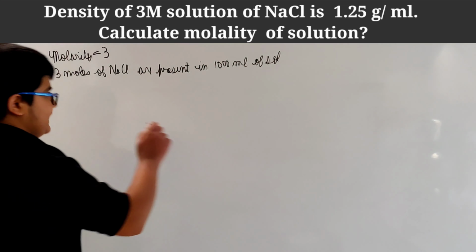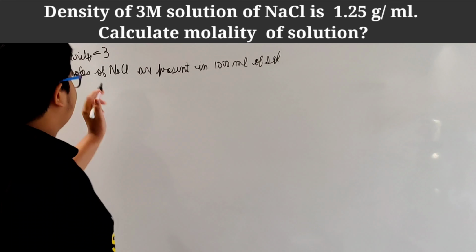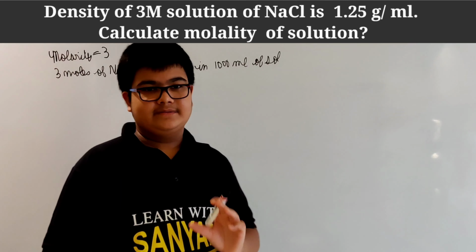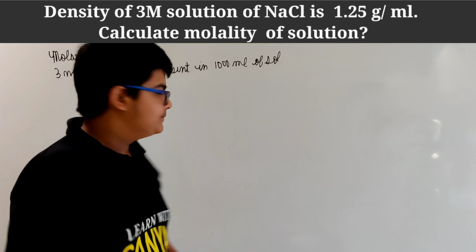So if we take 1 liter or 1000 milliliter of solution, then we will get 3 moles of NaCl. This is given to us. And from this data, we have to find the molality.